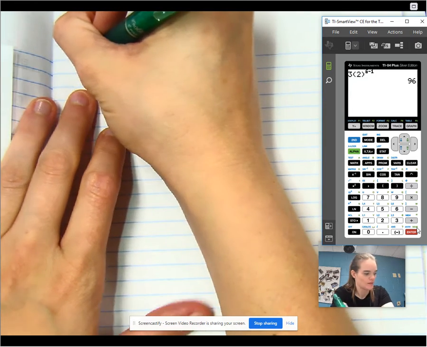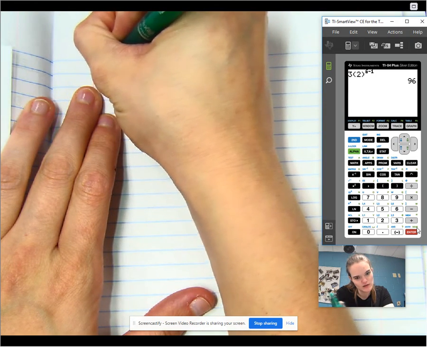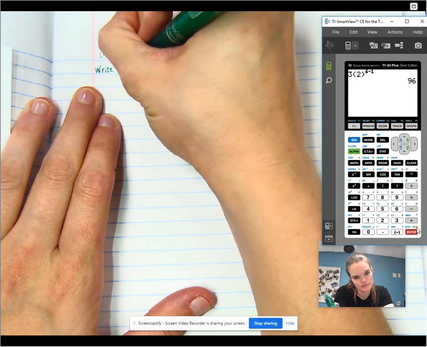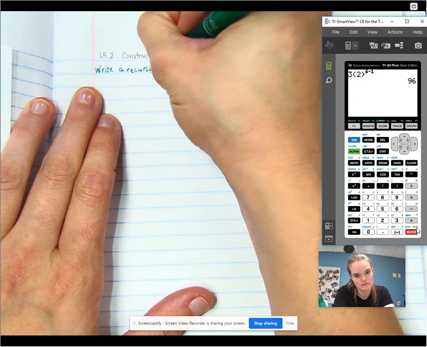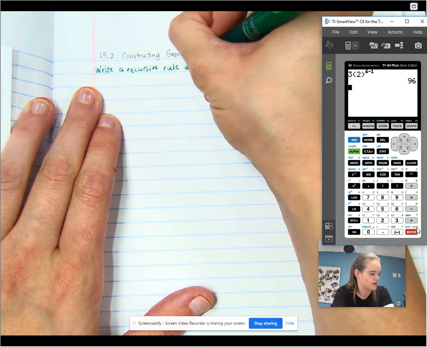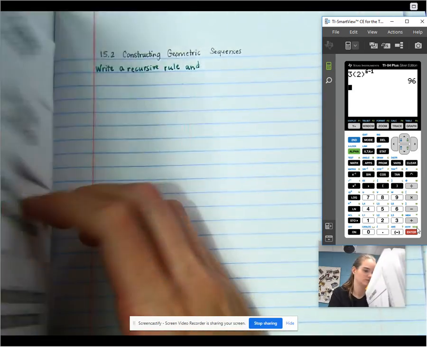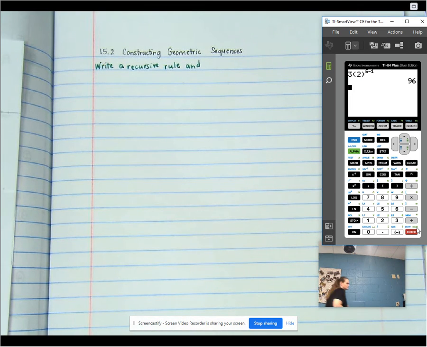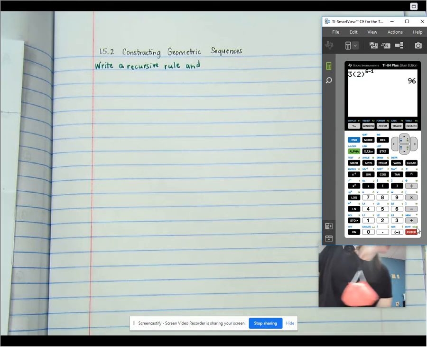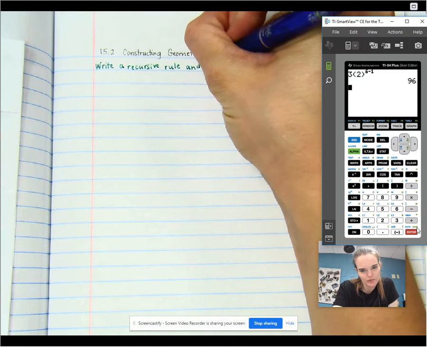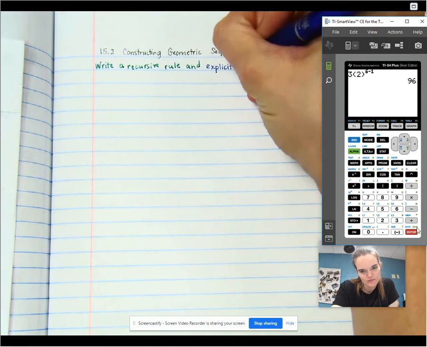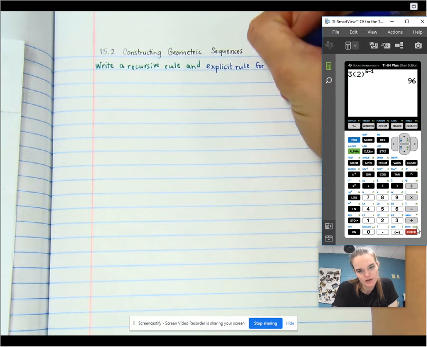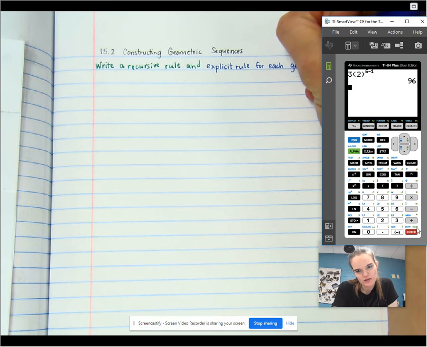So first, we are going to write a recursive rule and explicit rule for each geometric sequence.